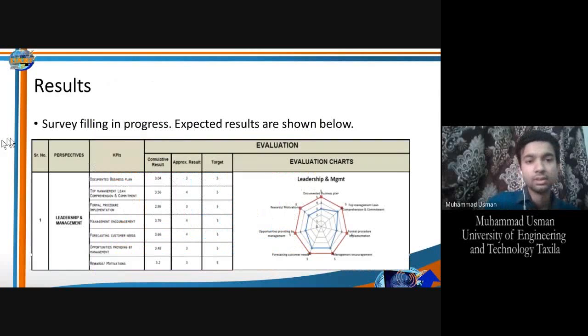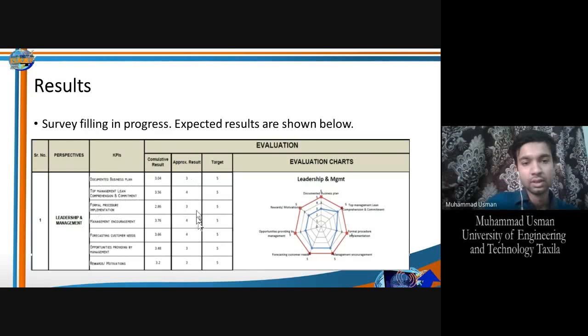These are the results, and only three are shown because survey filling is in progress. First is leadership. The respondents have responded on the target, meaning that in the next few years they see leadership must be in the fifth category, but currently they rated 3, 4, 3, covering management, formal procedure, how much leadership contributes in lean manufacturing, documented business plan, and top management.